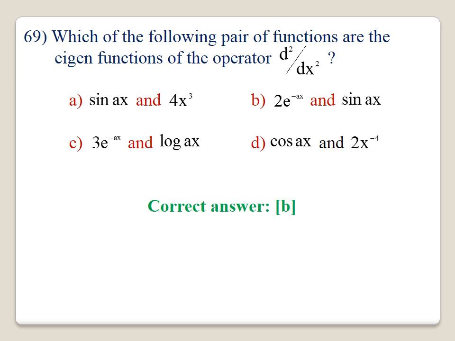Therefore the correct answer is B. Option C as well as option D are not correct. The correct option is B. 2 e power of minus ax and sin ax are the eigenfunctions of the operator d square by dx square.